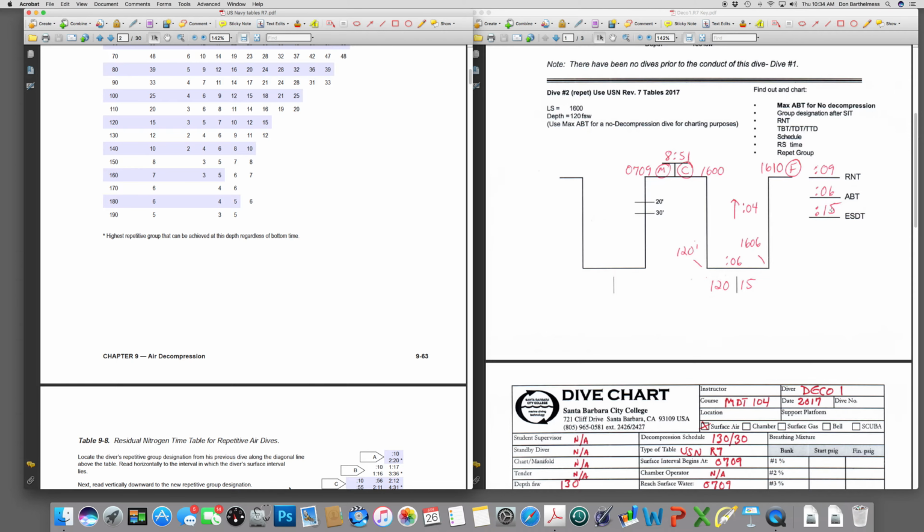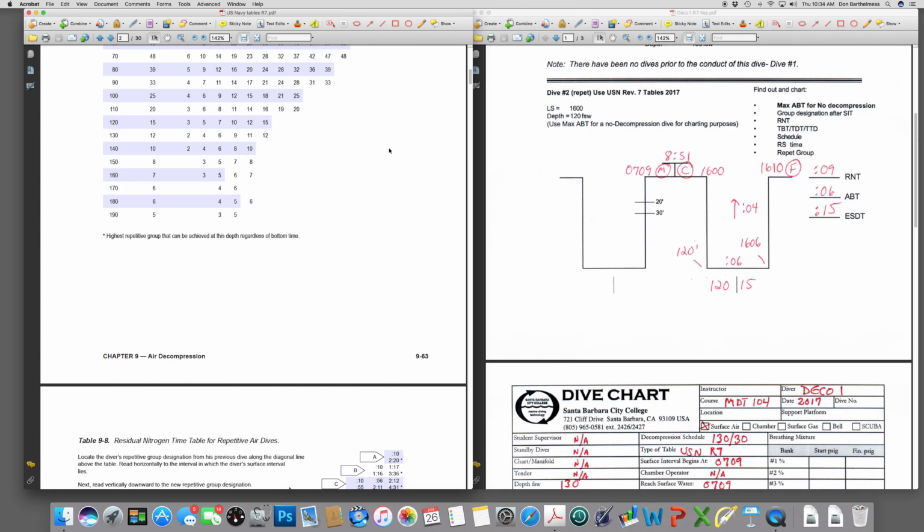9 plus 6 is 15, and it is very important that we understand this concept, that we must select our decompression schedule based on the total amount of nitrogen in the diver's body, not just the bottom time. This 9 minutes is still there. So we decompress according to the 15-minute equivalent single dive time or total nitrogen time. We select that.